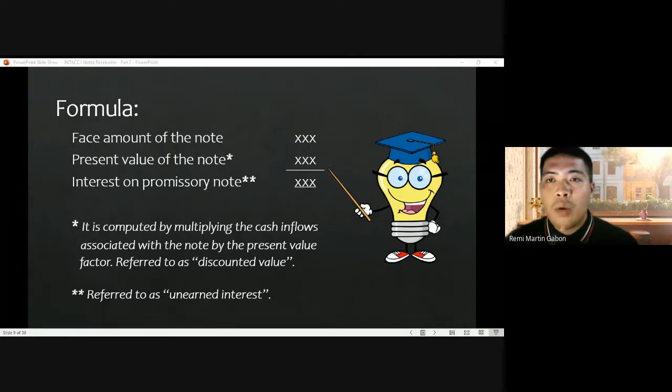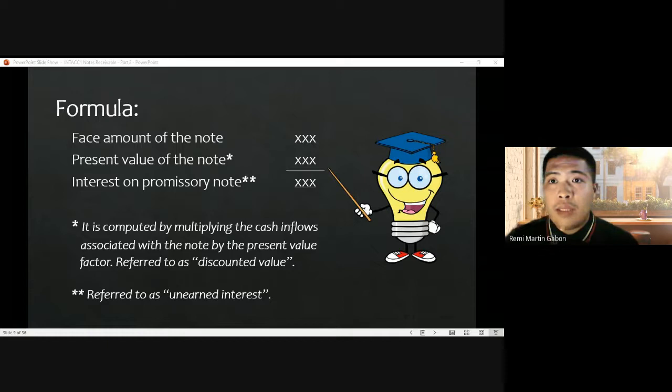Although we do not know how much is the specific amount for the interest and how much is for the principal, the gist is the entire face amount is both principal and interest already. And the interest is referred to as unearned interest.